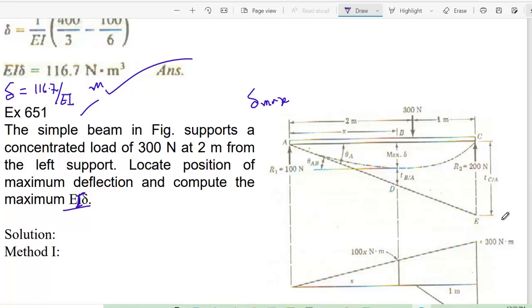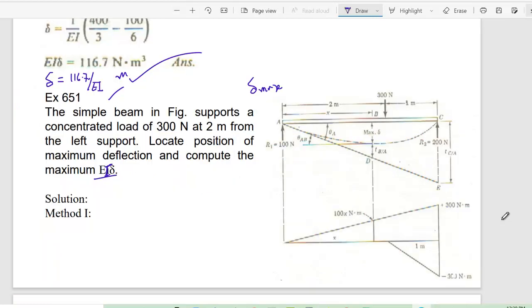what will you do? A similar technique you will follow, that we use for the double integration method. If you use the same problem and consider a random point B at a distance of x, because you don't know the value of x where you will get del maximum, that is the distance of your x.